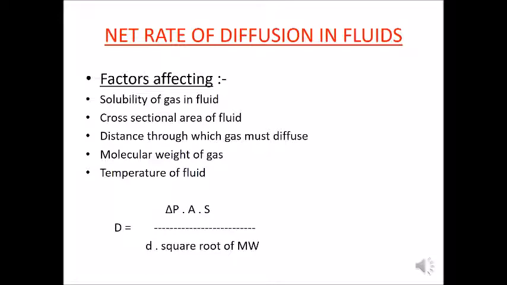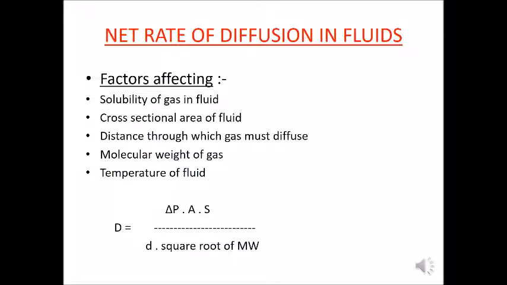Fourth is molecular weight of the gas. If more molecular weight, diffusion will be less. And the last is temperature of the fluid. But actually temperature of our body is constant 37 degrees Celsius. So we are not taking into consideration the temperature. So what is the final equation?